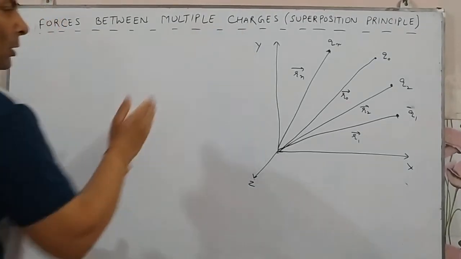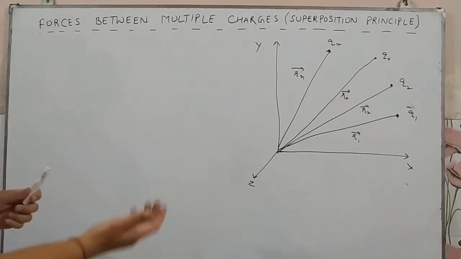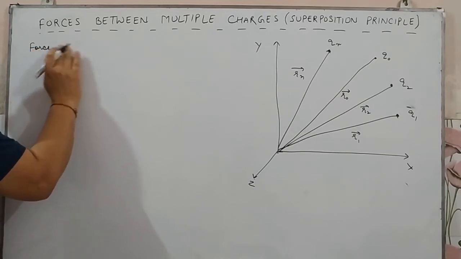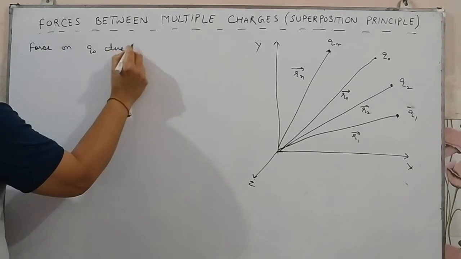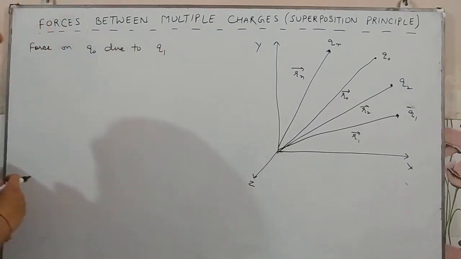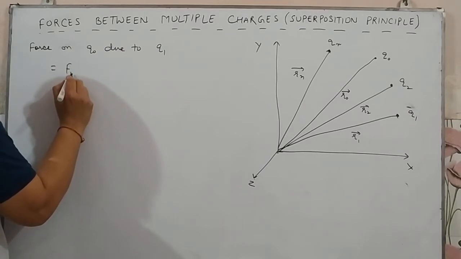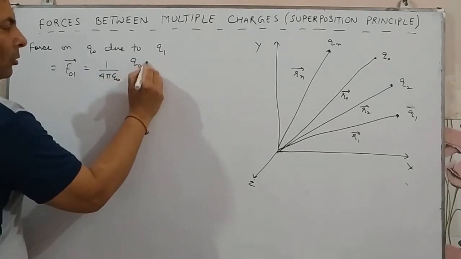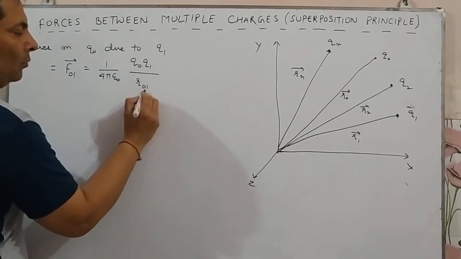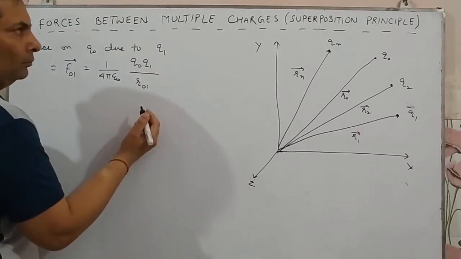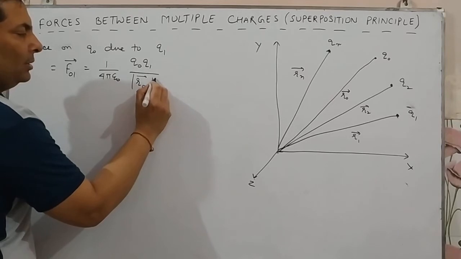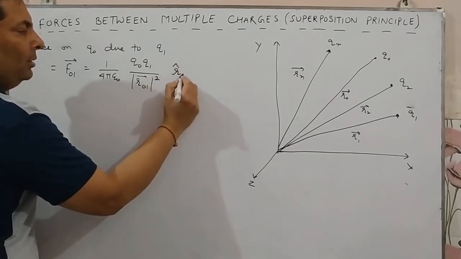Now, let's see how the superposition principle has to be implemented. Suppose I am discussing the force on q0 due to the first charge q1. That force is given by F01, which is equal to 1 upon 4 pi epsilon naught, q0 q1 divided by r01 squared, with the position vector.